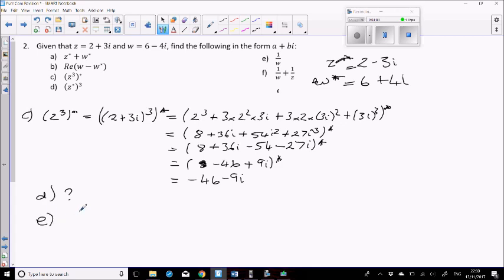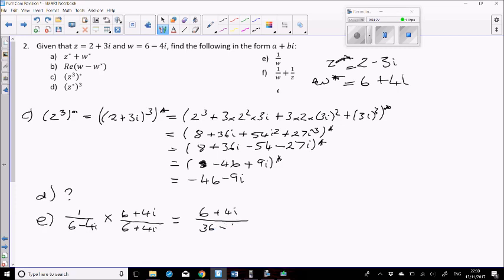Part E, we want 1 over w, so we want 1 over 6 minus 4i. Now, the way to do that without just putting it in the calculator is to realise the denominator, which means multiplying by its conjugate, rather like when you're rationalising surds. So 6 plus 4i over. Now what you're going to find if you multiply this out properly is a couple of the terms are going to cancel.